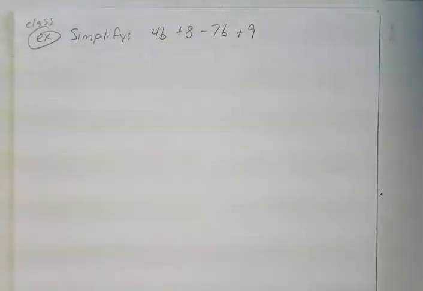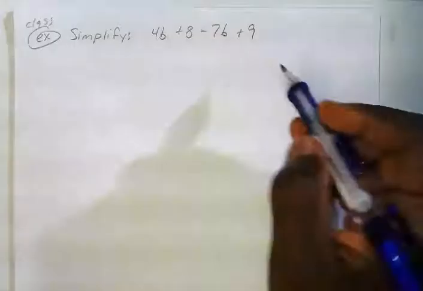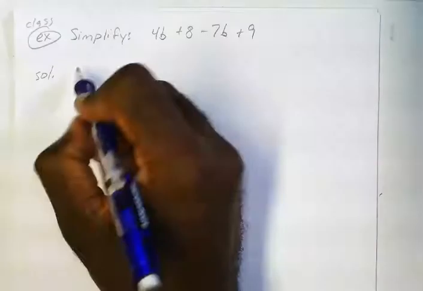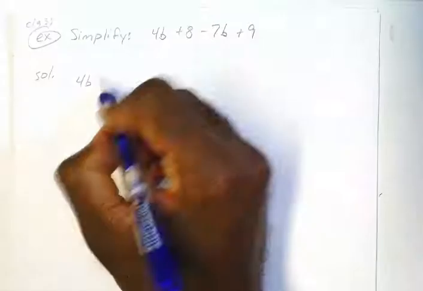Okay, so you go ahead and press pause, and I want you to give this one a try. Okay, so I'm assuming you've pressed pause and you have worked it out. So now we're going to go ahead and solve this one, and I'm going to rewrite it.